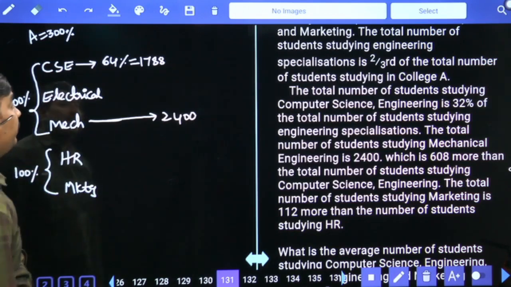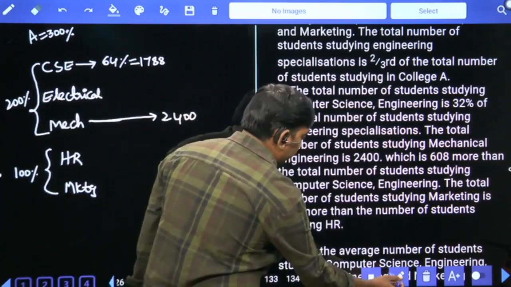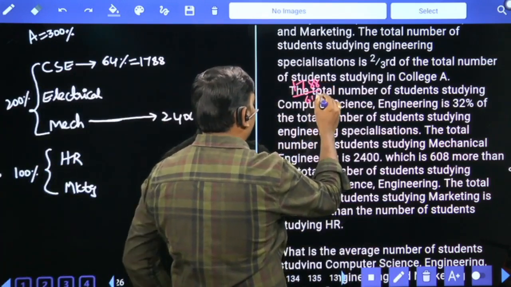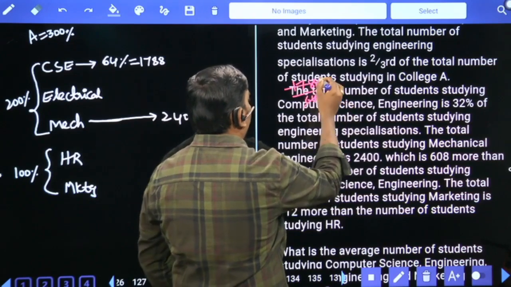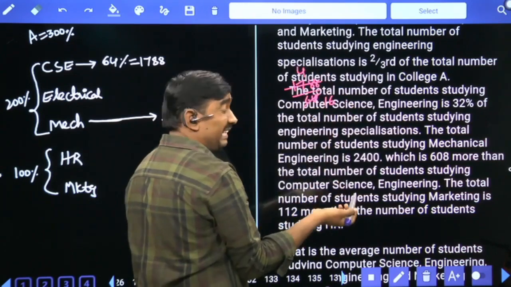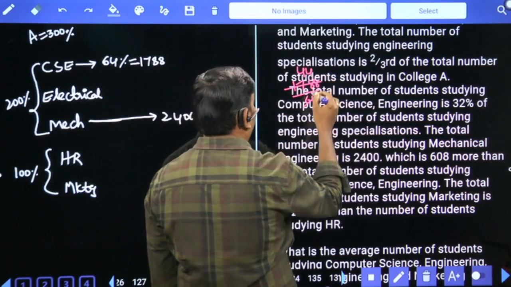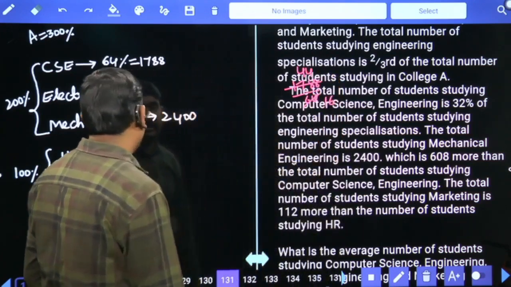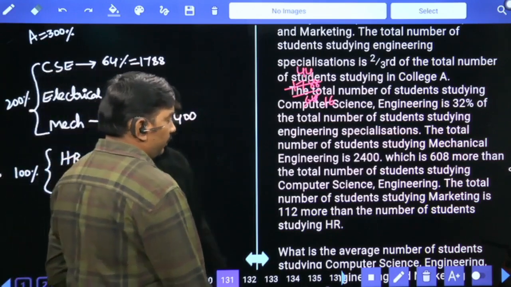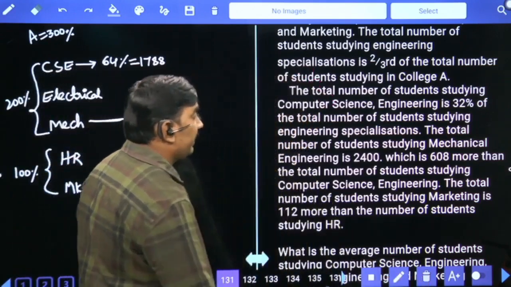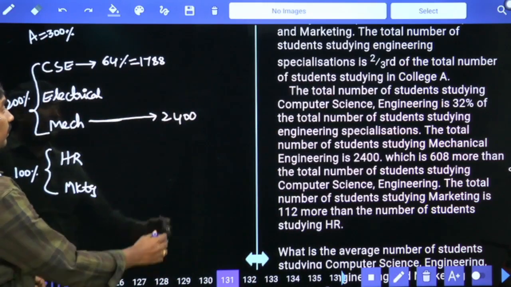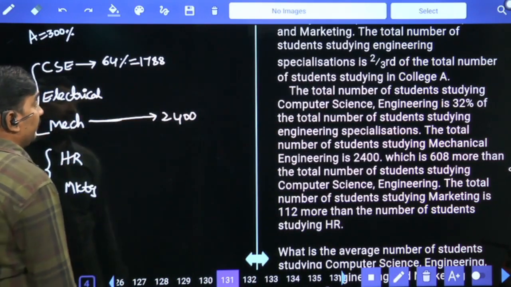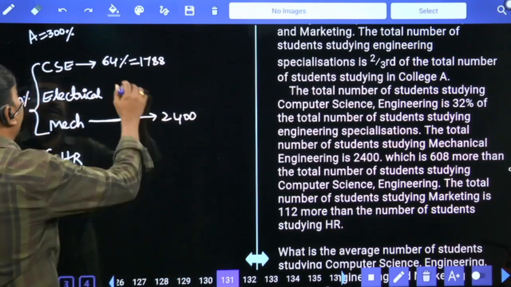64% value 1788, then 1%, let's calculate. 1788 by 64. 4 16s are 64. Just a minute. This is 2400, which is 608 more than only 608. 2400 minus 608, 1800 minus 8, 1792.